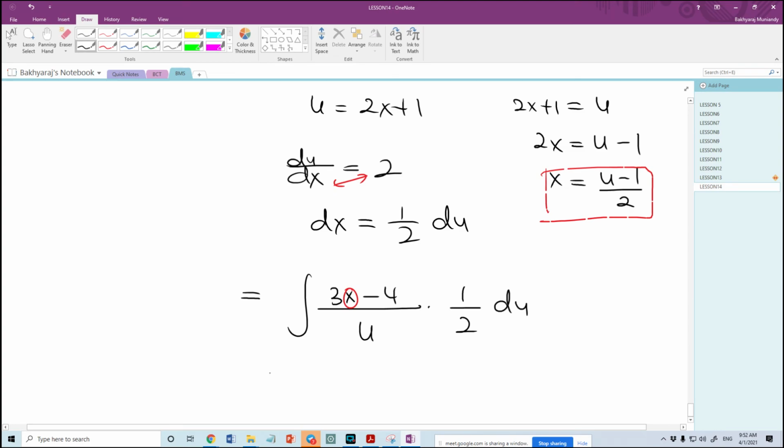So equal, integrate 3 times u minus 1 over 2, minus 4 over u, times 1 over 2 du.